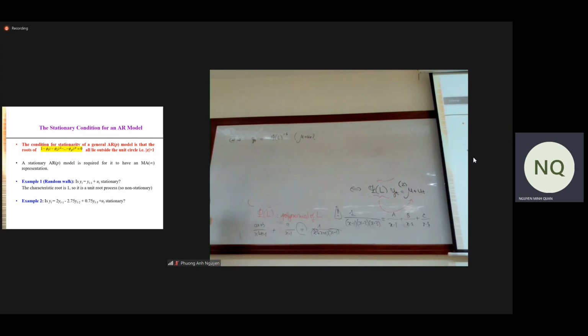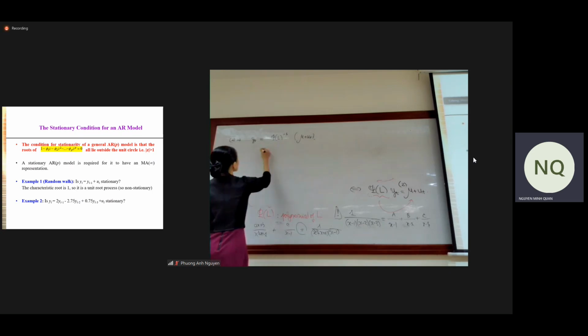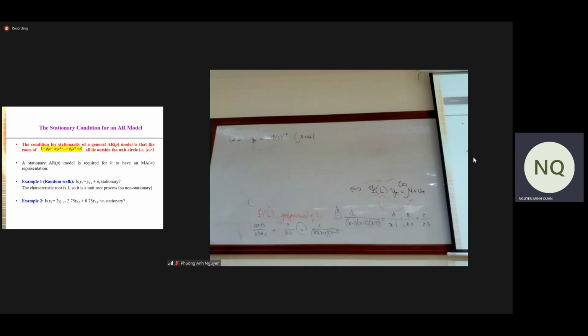Very often mu can be supposed to be equal to 0, because when it's not 0, you can take the series minus the mean. The mean we leave for later. You can always factorize any polynomial in the set of complex numbers.